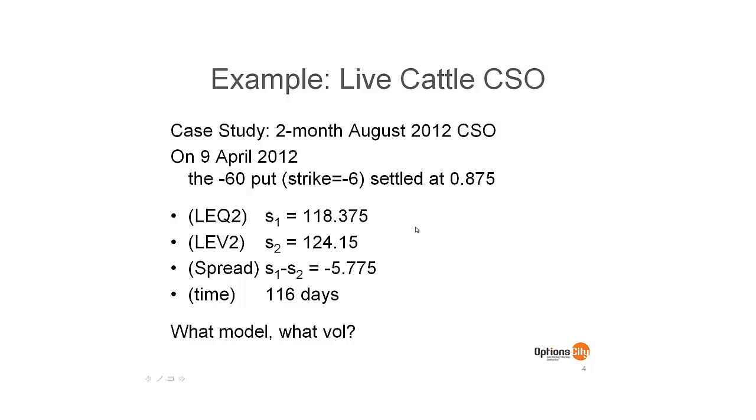The second leg of the contract was 124, and the spread was negative 5.775, about 116 days to expiration. So we've got some inputs to a model that aren't necessarily what we're used to, and the big question is, well, what model do we use and what volatility do we use?